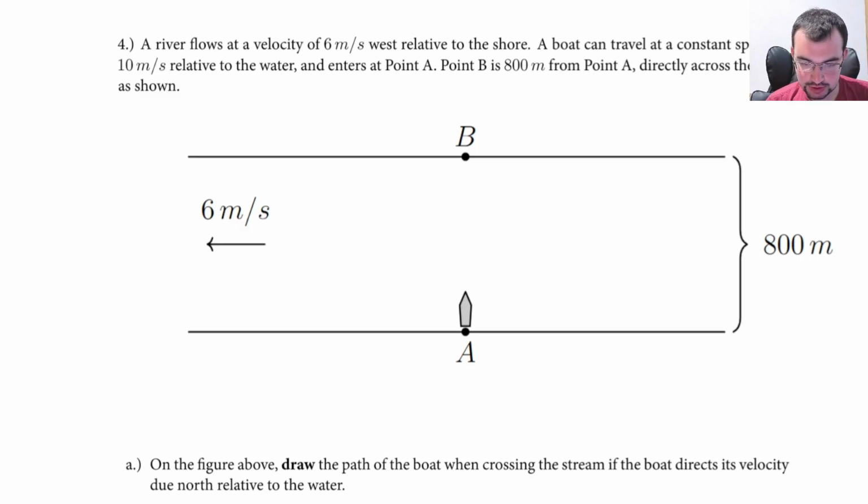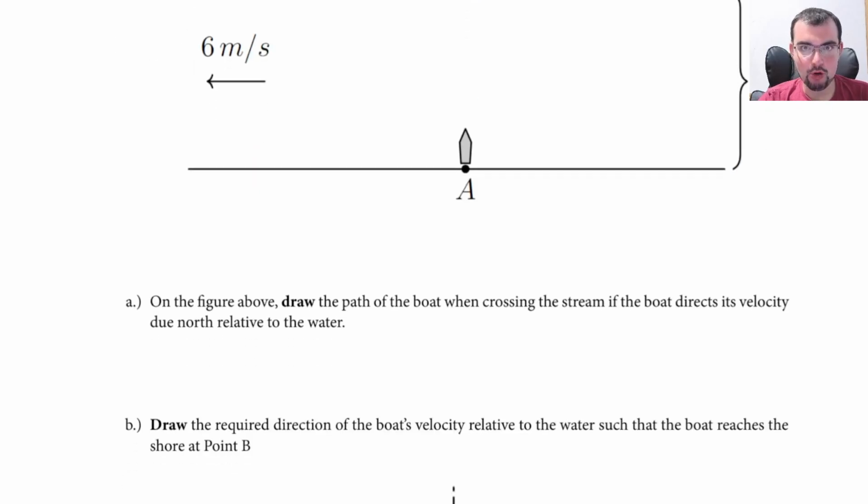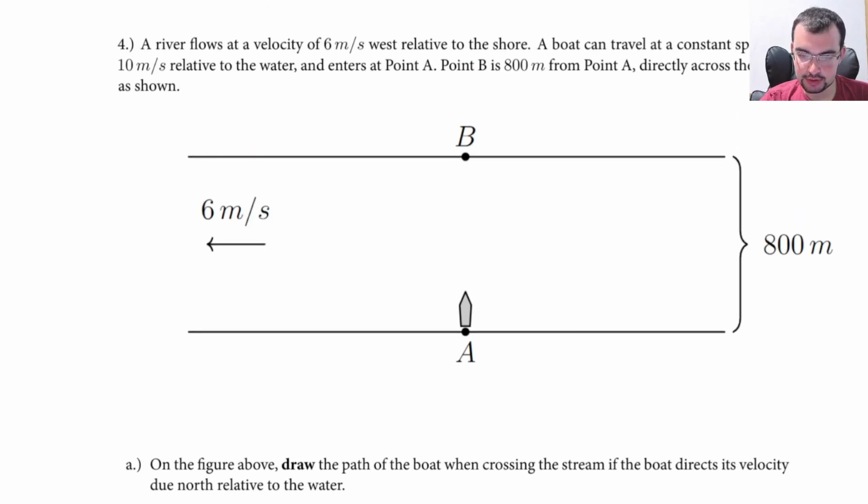We have a boat that is at A and wishes to go to B. The boat can output a velocity of 10 meters per second relative to the water, meaning I have like an arrow of length 10 that I can direct however I want along this path. And of course, the river is going to influence which way I go.